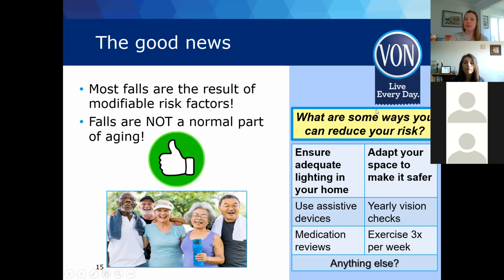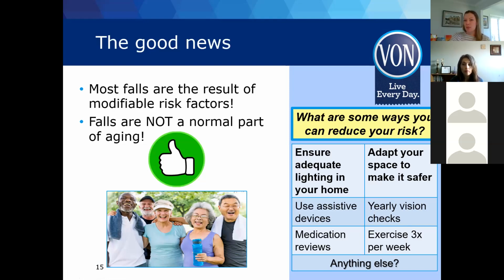So what are some of the ways that we can reduce our risk? Usually I ask everyone for what they do to help reduce their risk, but there's a little bit of a chart here on the slide. So ensuring adequate lighting in the home is one really important one, especially if they do have to take nighttime trips to the bathroom.